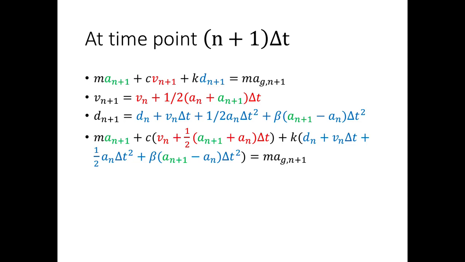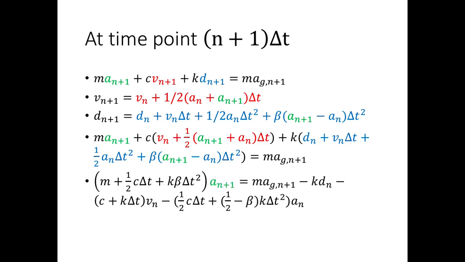So to collect the data, we find all the parts relative to a n plus 1: here is c, half delta t, c half delta t, and k beta delta t squared, k beta delta t squared. All the things relative to a n plus 1 we collect together, and all the other things we move to the other side of the equation.